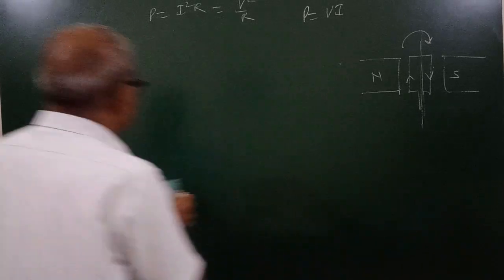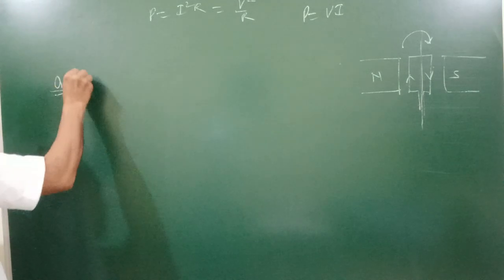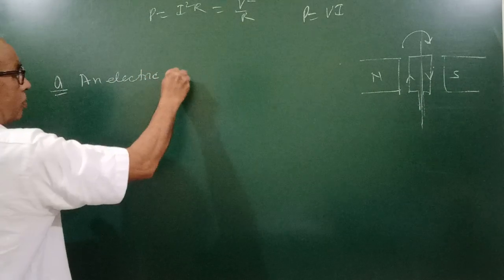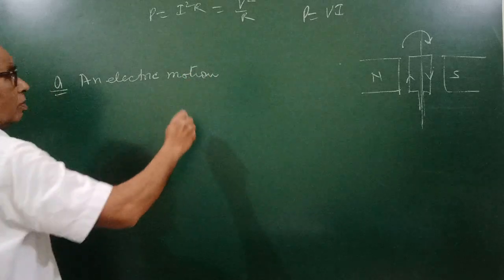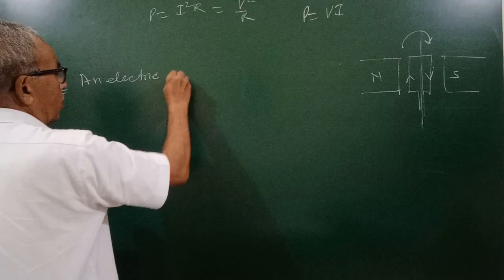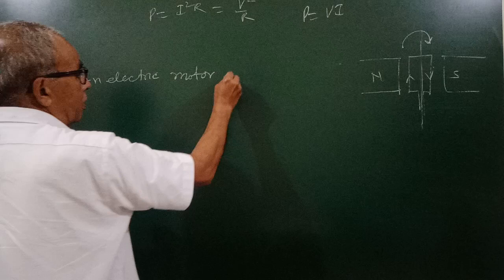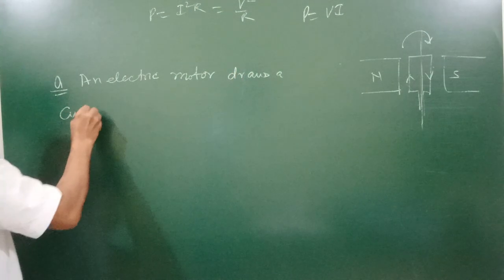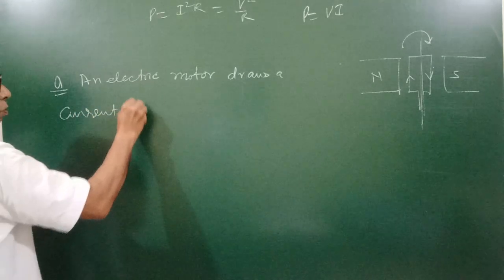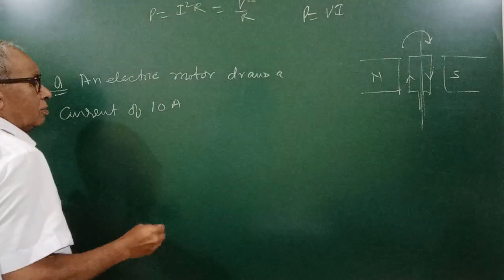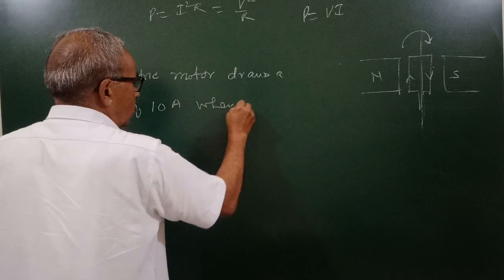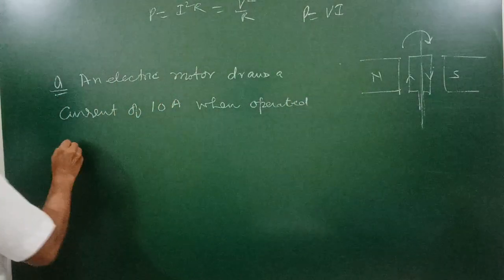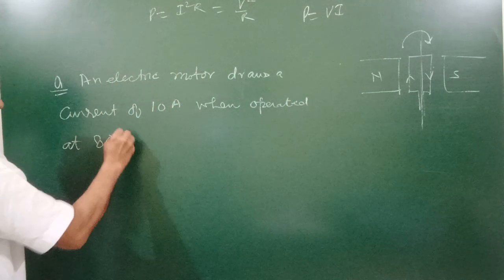So my question is: an electric motor draws a current of 10 ampere when operated at 80 volt.